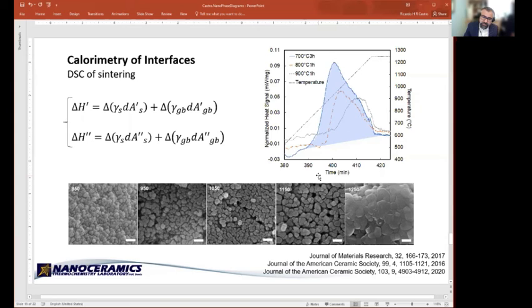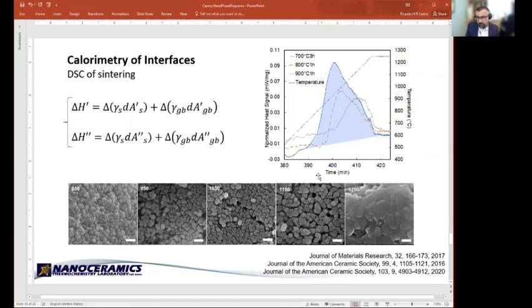So our group has dedicated a lot of energy into developing calorimetric techniques to measure interface energies. One of the techniques that we use is drop solution calorimetry. When you do that, you basically dissolve a microsystem and dissolve a nanosystem, and then you estimate the difference of energy, and that gives me the excess energy of the nano world, right?